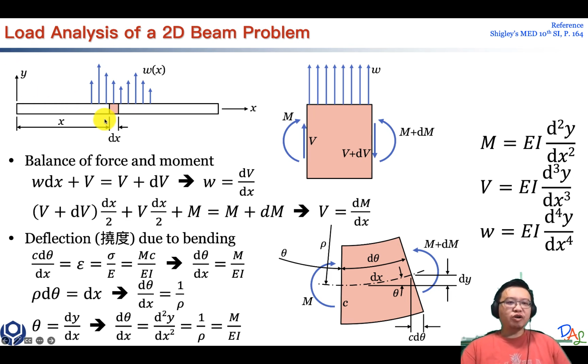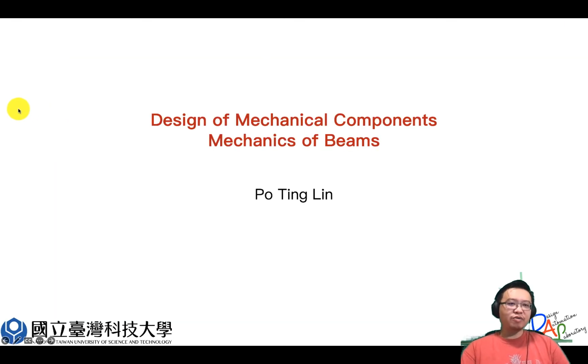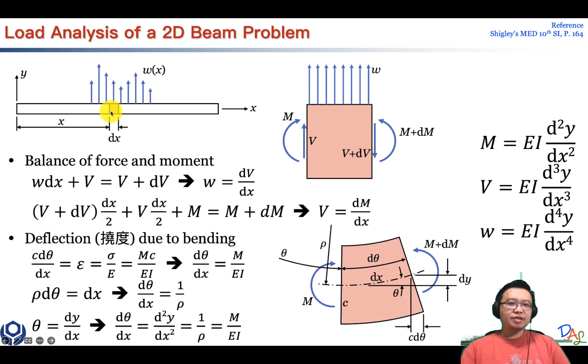So this is a general position at a distance of x away from the origin. We are just cutting a slight width and trying to analyze what's going on. Even though the width is so small, there could be a change of shearing force and bending moment within this small portion.